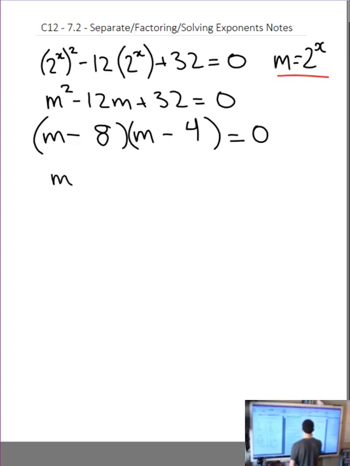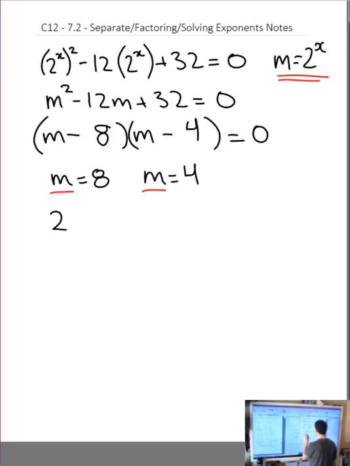When I solve this set of brackets, I get m equals 8, and when I solve this set of brackets, I get m equals 4. Now I can take what I've made for m and put it back in for m, so I get 2 to the x equals 8, and 2 to the x equals 4.